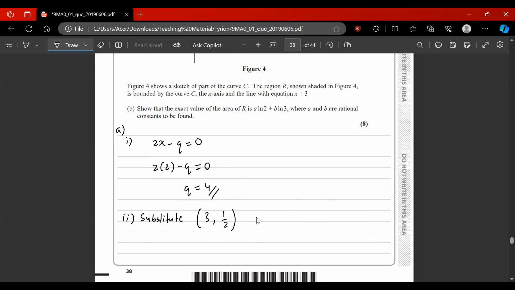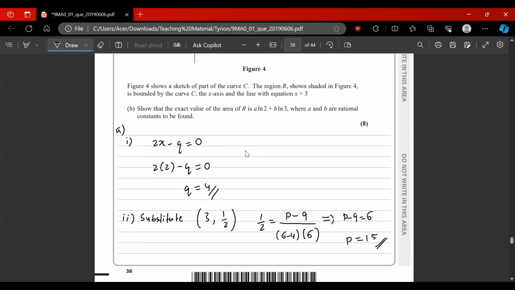So it should be half is equal to P minus 9 over 6 minus 4 times 6. So this is basically when you put in 3 here. And if you now rearrange this expression, you should get P minus 9 is equal to 6. And when you solve this for P, you should get P is equal to 15.